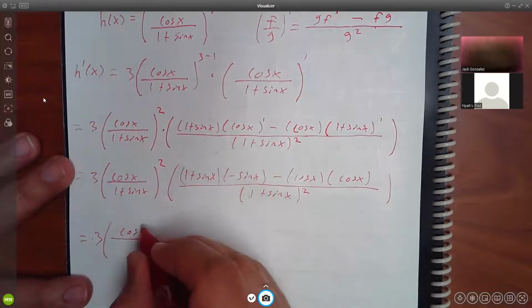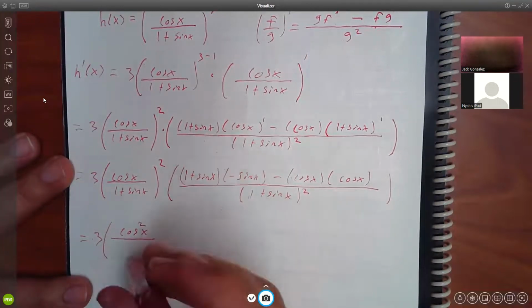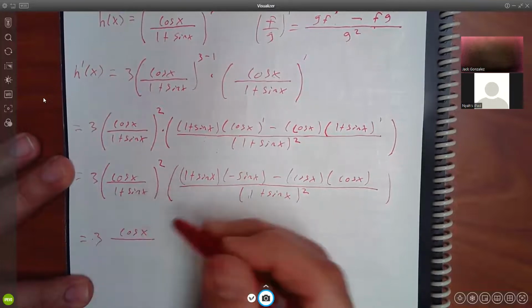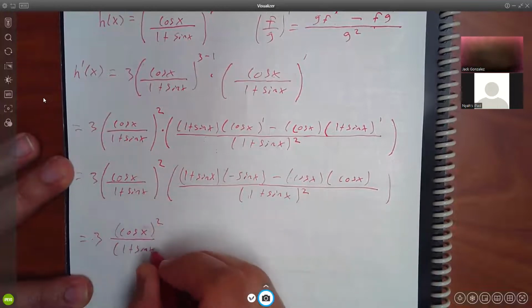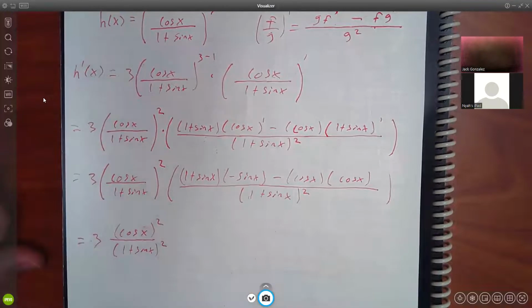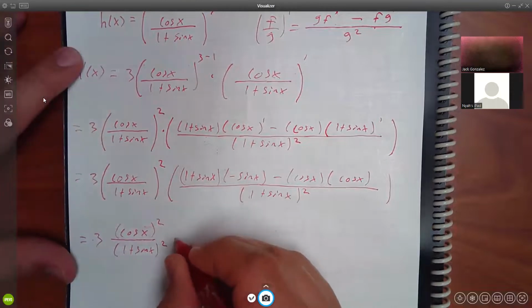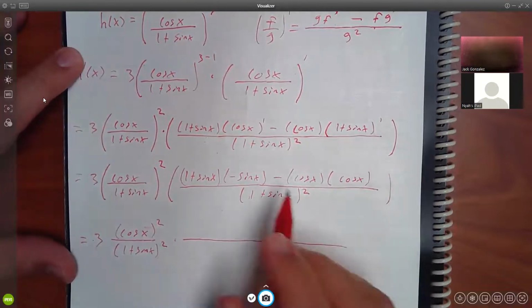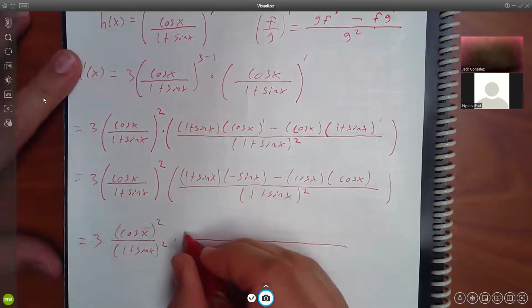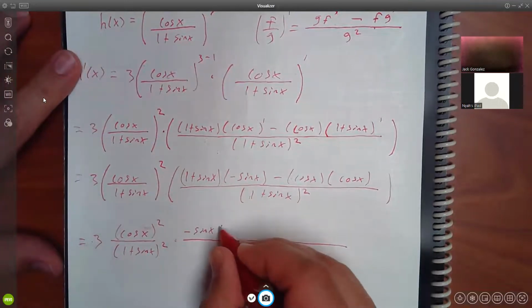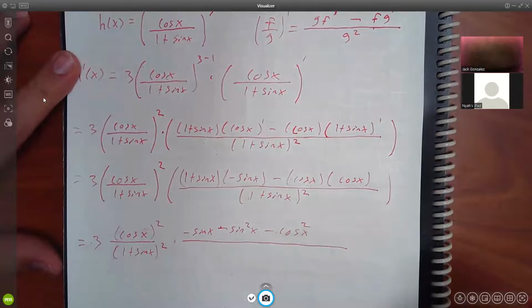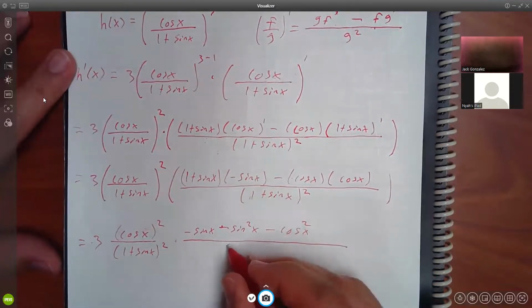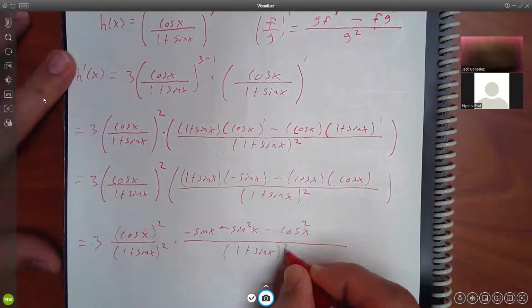Do you agree that this is squared? That this would be the same, right? Power squared on top and bottom. Distribute your negative sign, that'll give us negative sine minus sine squared minus cosine squared, over 1 plus sine squared.